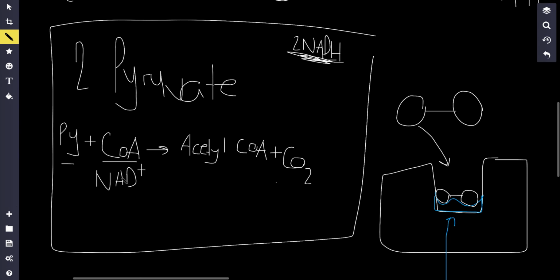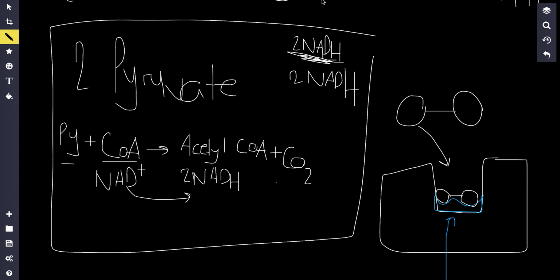So NAD plus is going to gain two of the electrons and form NADH. Now, because we have two pyruvates, we're going to gain two of everything over here. So if I gain two NADH, that's going to add on an additional two NADH to what I originally have. So now I have 4 NADH after all of this.